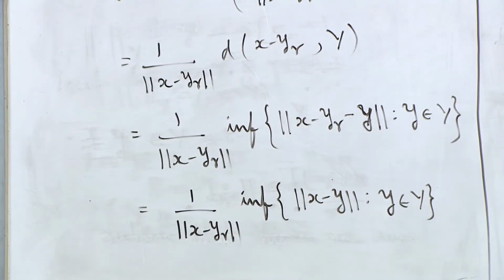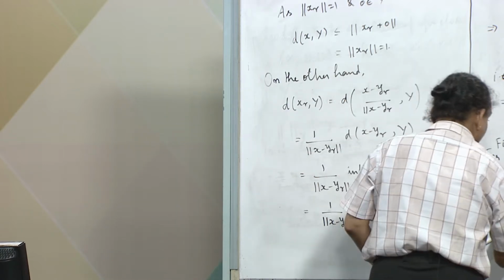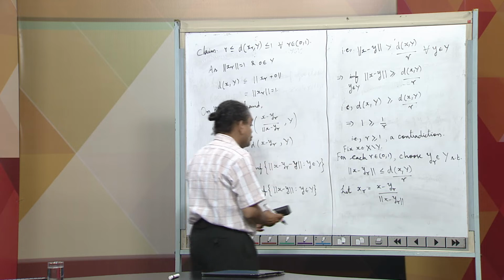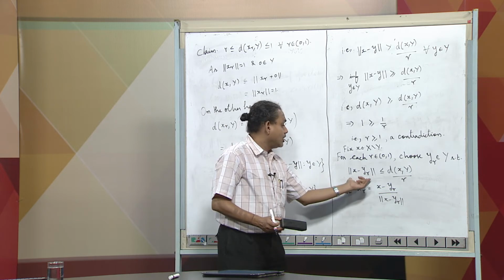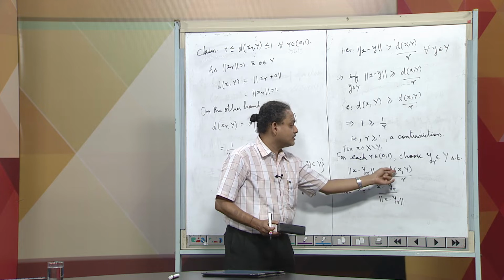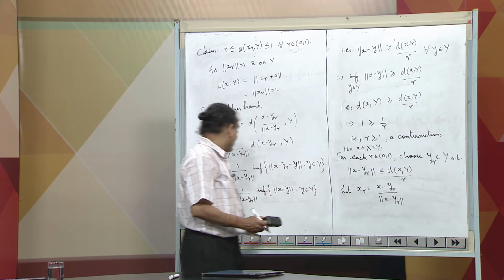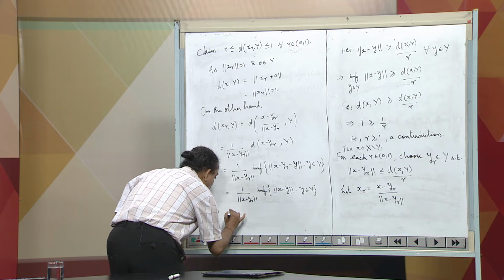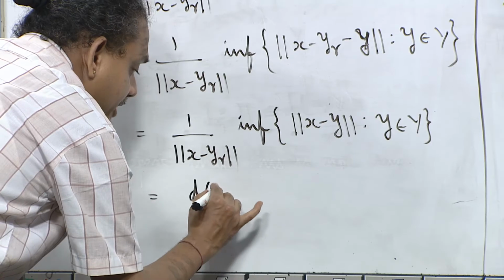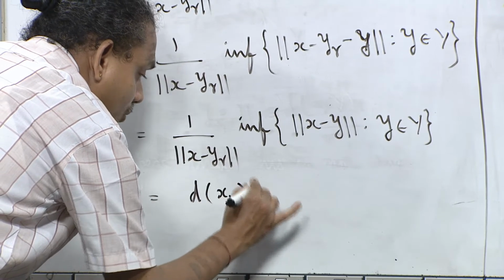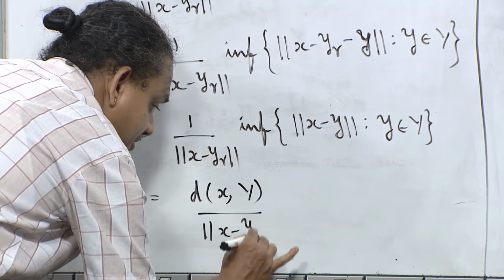Now, we are almost done with what we wanted. The way we have chosen YR tells us that norm of X minus YR is less than or equal to distance between X and Y upon R. Now, let me write down what we have in the numerator: the distance between X and capital Y, upon norm of X minus YR, and we are done.